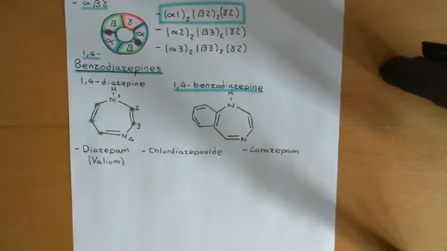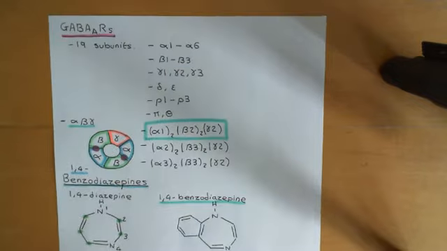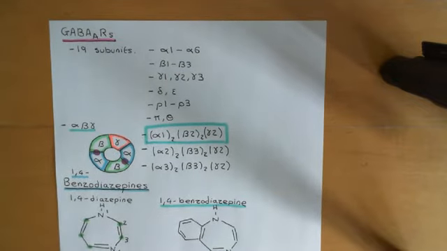Right, so let's now talk about these benzodiazepine drugs. How do they affect GABA A receptors? Well, in certain alpha, beta, gamma type GABA A receptors, which we know are the main type of GABA A receptors, you have a site called a benzodiazepine binding site. This is at one of these interfaces that doesn't bind GABA, and it's between the gamma and the alpha subunit here.